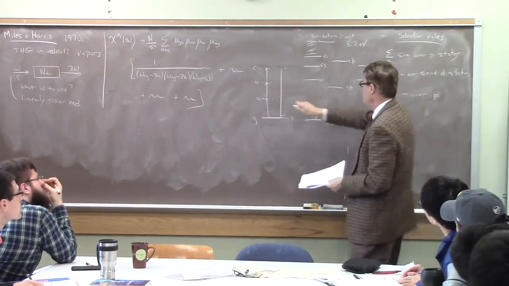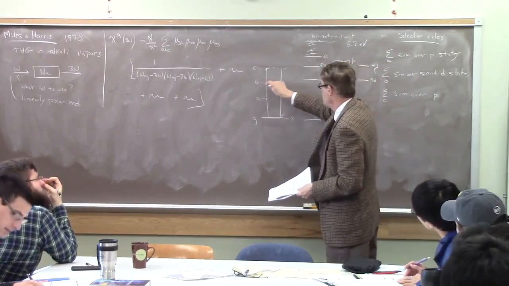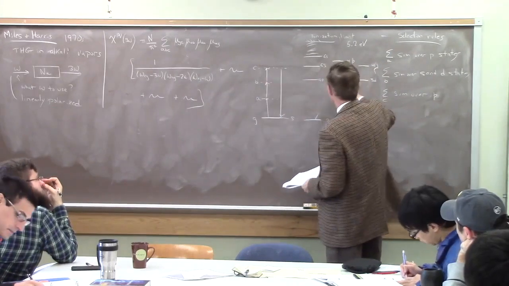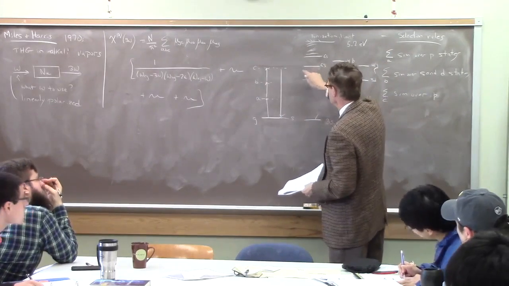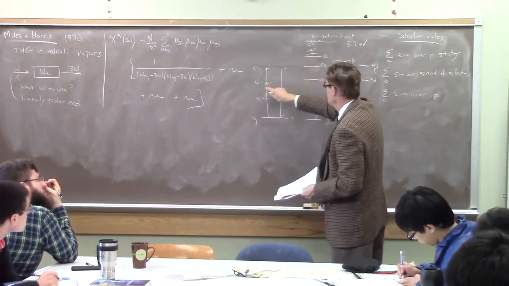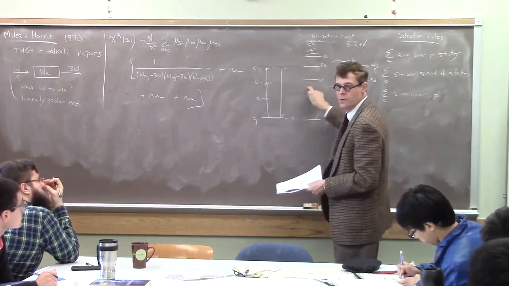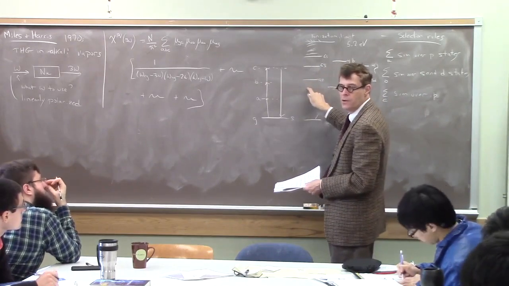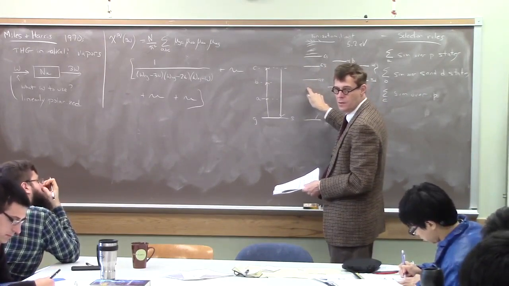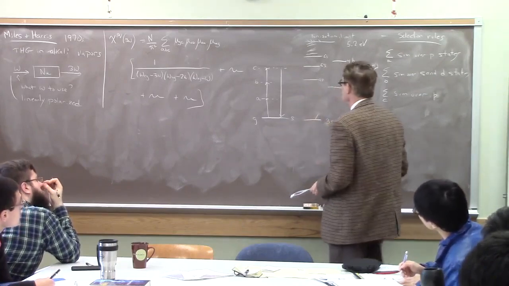But now you can see that if level B corresponds to an S state, which sort of does the way I drew the picture here, you'll get a resonance in the nonlinear susceptibility because of that.